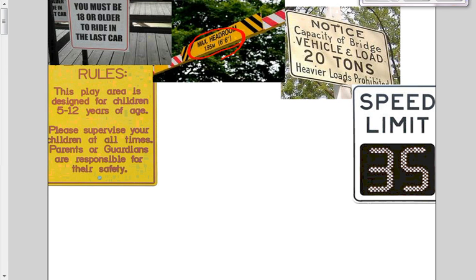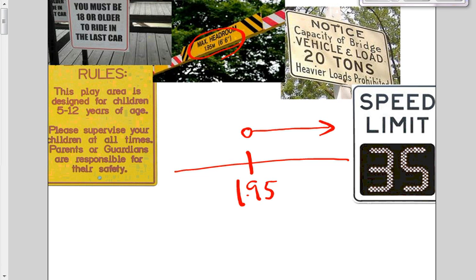So in this case, there would probably be an accident if the vehicle was 1.95. 1.95 is not included, but everything in here would likely be an accident waiting to happen and likely hit the top sign.